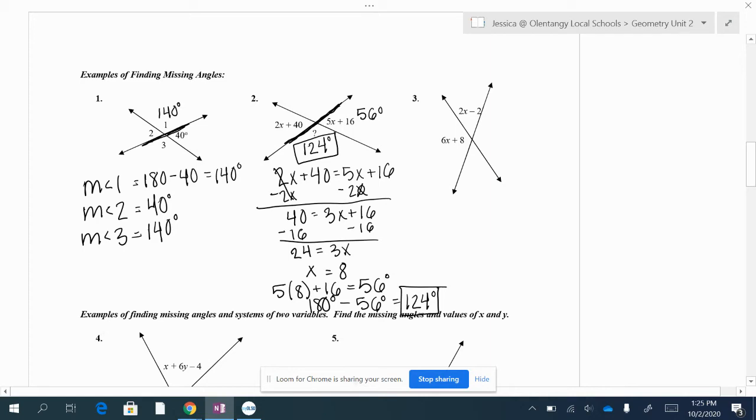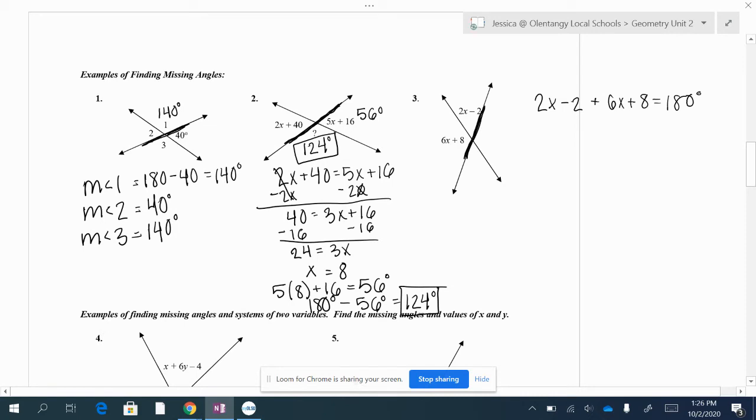In number 3, we have an example where they form a line. And again, when two angles form a line, their degree measures should add to be 180 degrees. So I can add these two expressions together and set it equal to 180. So 2x minus 2 plus 6x plus 8 equal to 180 degrees.